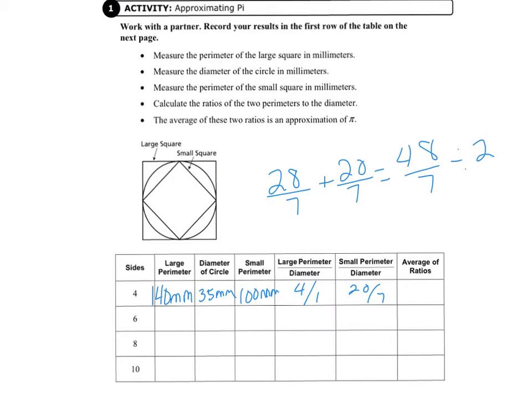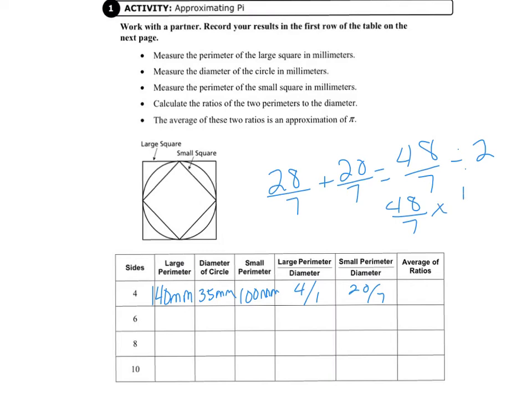So we had to get the denominators the same. I know you haven't added fractions in a little while. Equals 48/7, and then we have to divide by 2 because we have 2 things, which means we need to multiply by 1/2.